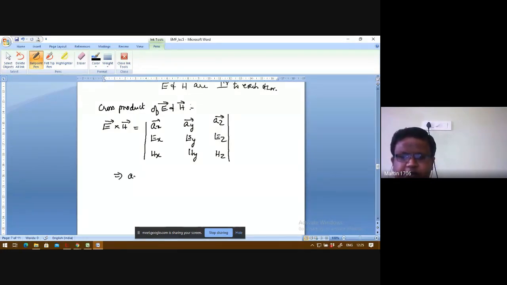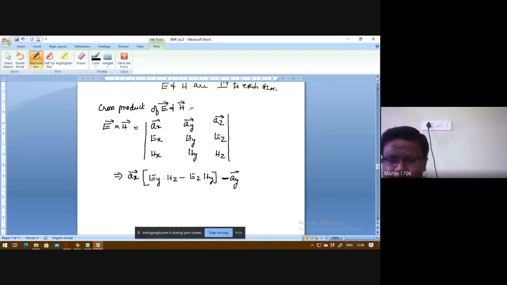Let us expand this step. That is Ax vector into, you cross multiply, and the minus of that multiplied vector: Ey Hz minus Ez Hy. This is for the first unit vector, Ax. When you go to the second unit vector, you have to put minus Ay. How will you expand?